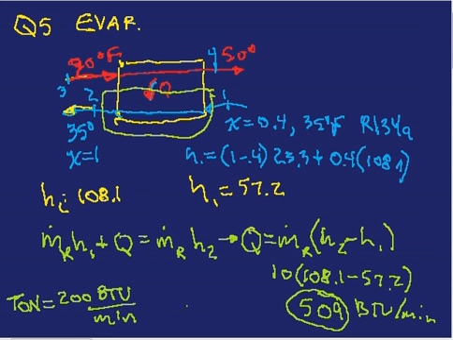Divide that by 200, and we have about a 2.5 ton unit. So that's kind of a handy number to keep in mind, because you'll hear that a lot when you're talking about air conditioning or heating. Tons of heat flow.